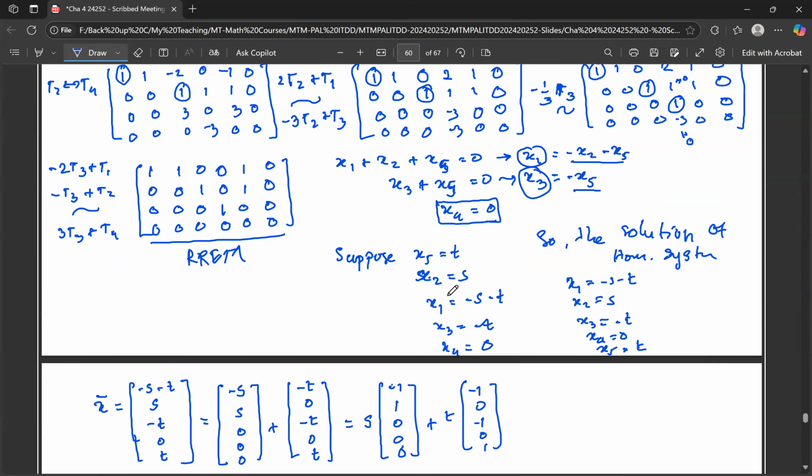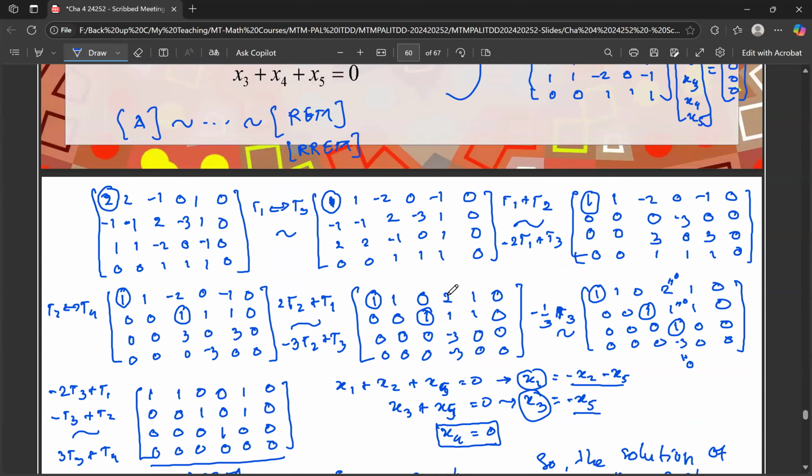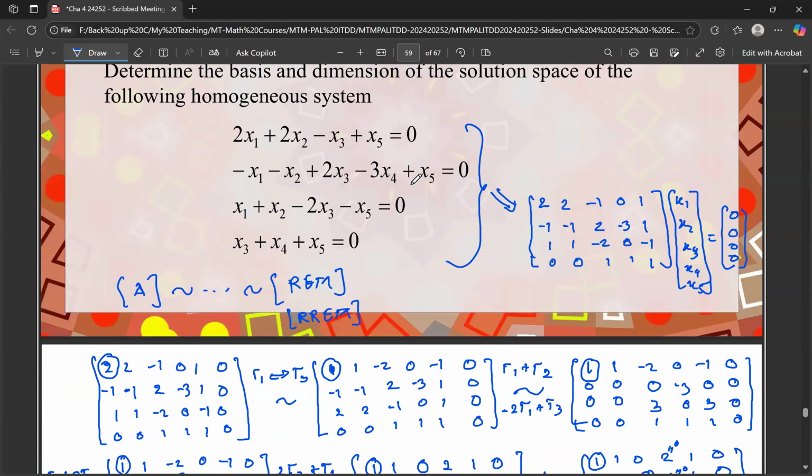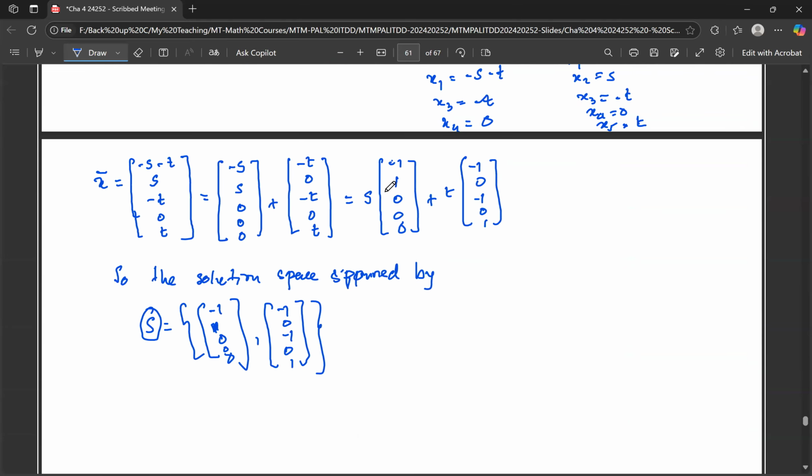Oh, sorry, we already have the set here. So the solution space is spanned by W, where W spans S, and S is the solution space of the homogeneous system.